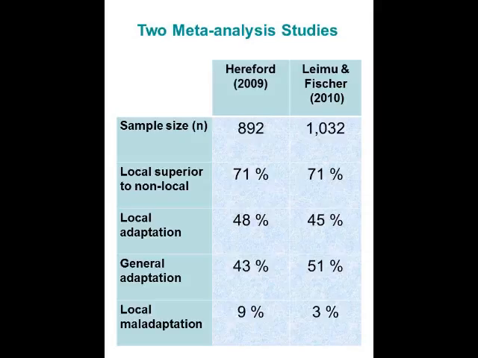Now, the reason I've introduced this is that there have been two extensive meta-analysis studies published recently. So a meta-analysis is when people, I think Andrew mentioned this, he had done a meta-analysis on feedbacks.